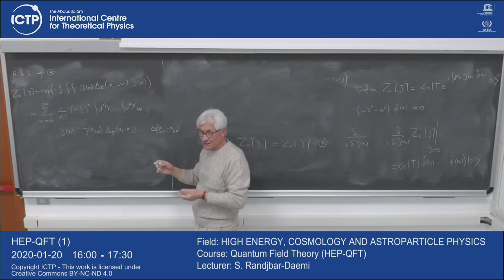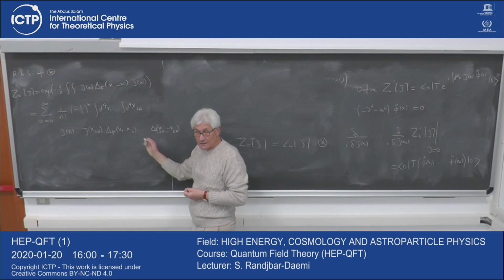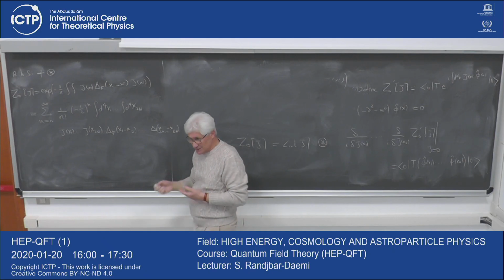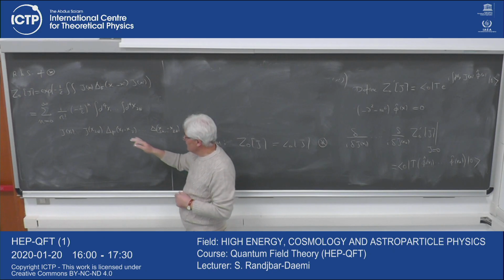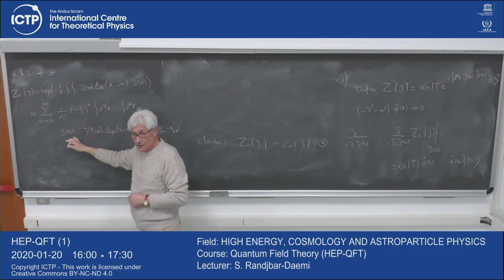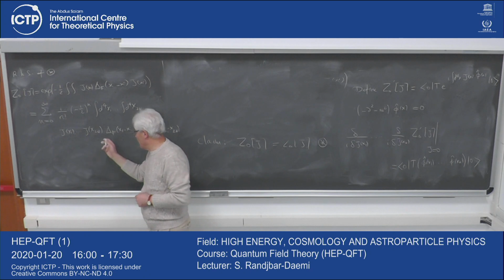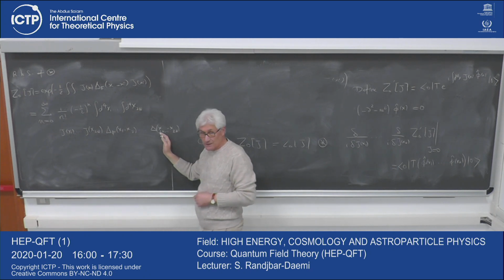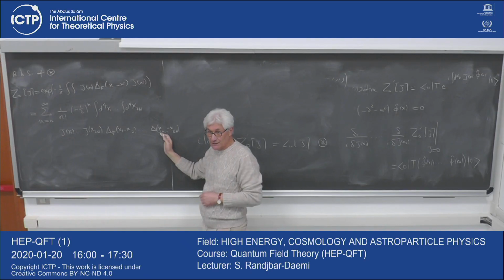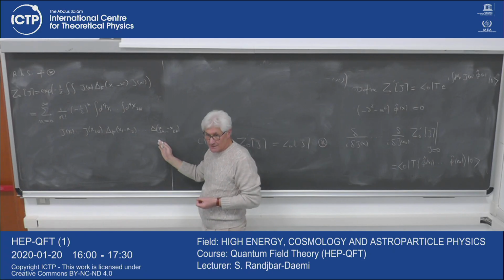If you interchange the x's in the arguments of delta, you will not get the same thing. You will get a different thing. Since we are multiplying by a symmetric combination of J's, obviously only the symmetric combination of these objects will contribute. The anti-symmetric contributions will give you 0. Therefore, we should symmetrize this to see what contributes.